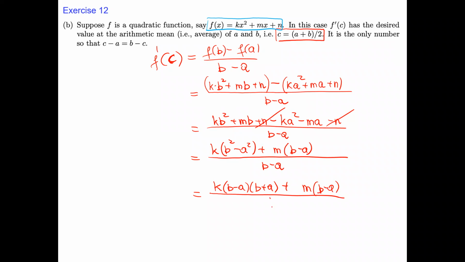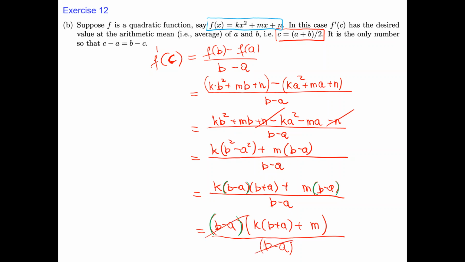Now I can factor out the common factor b minus a. So what we will do is b minus a, and then what's left? k, b plus a, plus m, because the green part is outside. I factor that out, and being the same factor in the denominator, we can cancel it out.